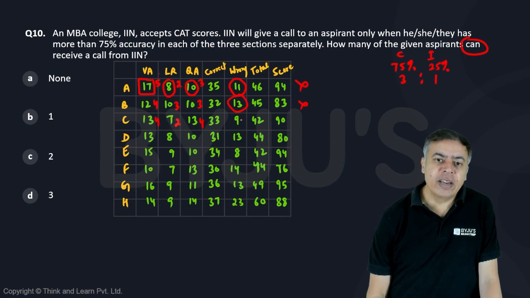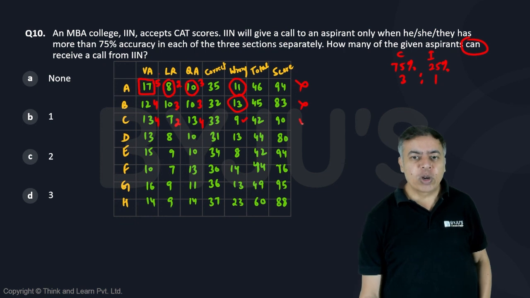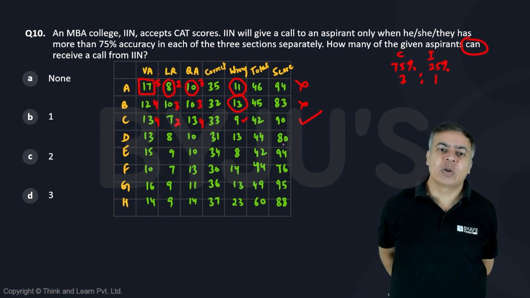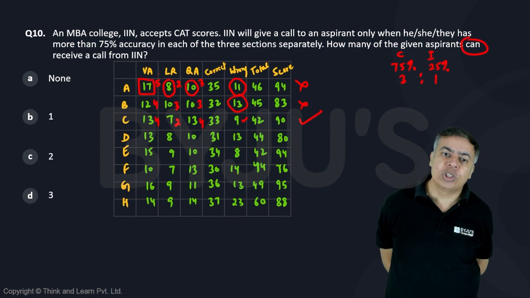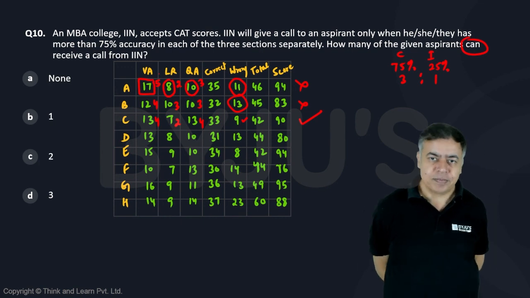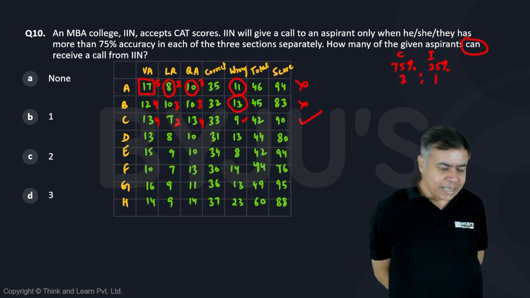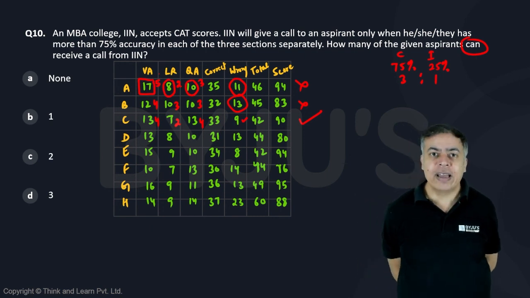You only have 9 incorrect, so you can get called. You can reduce the number of wrong questions from any of the sections, but you cannot increase. So that means C is one of those persons who can get a call from IIN.